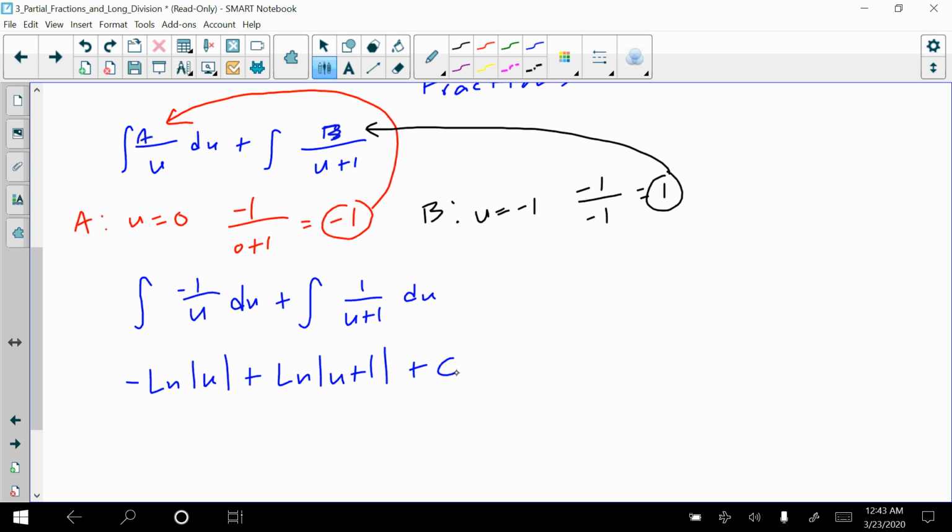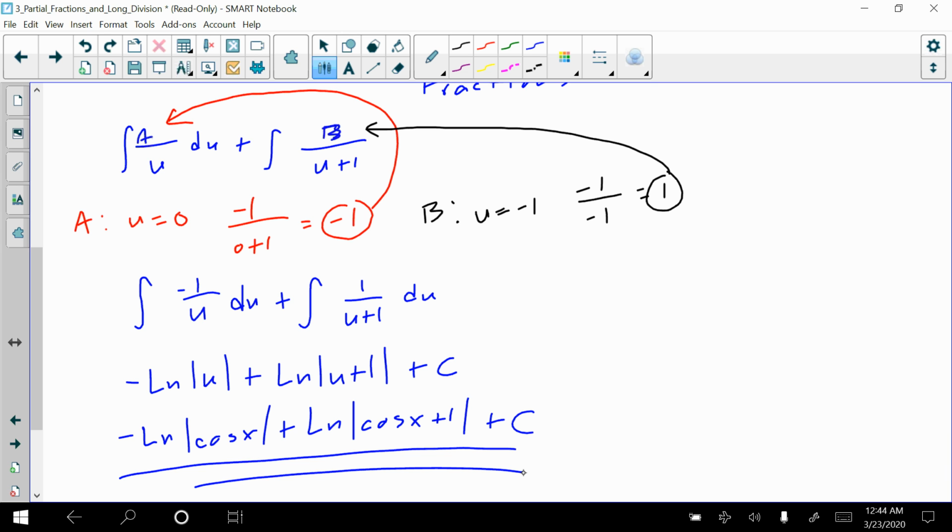Now that we've integrated the function, we can substitute our u values back in. So u, we said, was the cosine of x. So here I'm going to say negative natural log of the cosine of x plus the natural log of cosine of x plus 1 plus our constant.